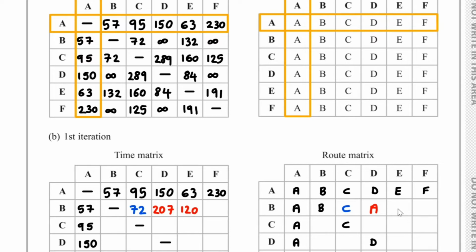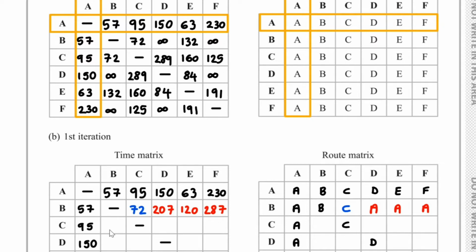The corresponding element here would change from E to A. If we consider what would go here, then we compare the infinity with the sum of 57 and 230. 57 plus 230 is smaller than infinity. So here we have 57 plus 230, which is 287. The F here would be changed to an A.